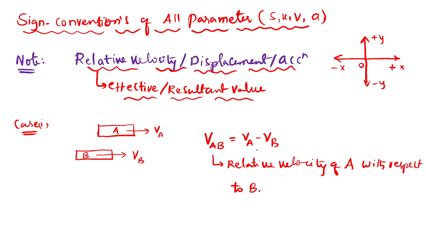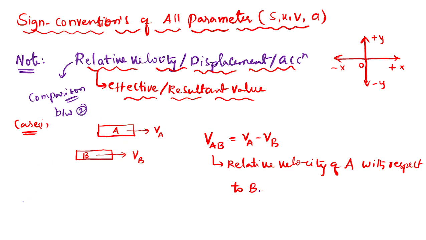So the velocity of A with respect to B is the effective value, 10 kilometers per hour. Relative means basically we are comparing two or more quantities. So two cars I am taking here.